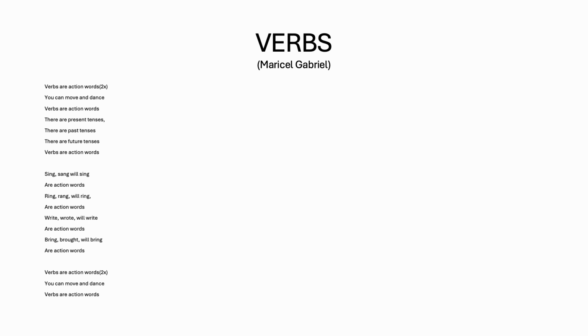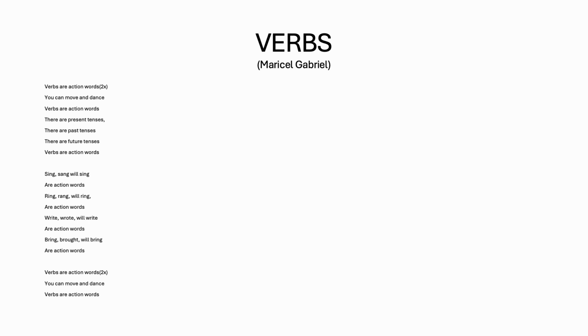Verbs are action words. Verbs are action words. You can move and dance. Verbs are action words. There are present tenses. There are past tenses. There are future tenses. Verbs are action words.